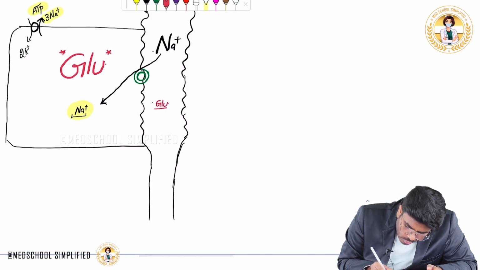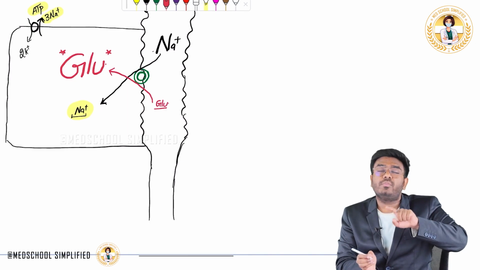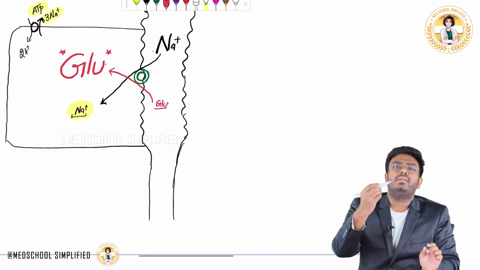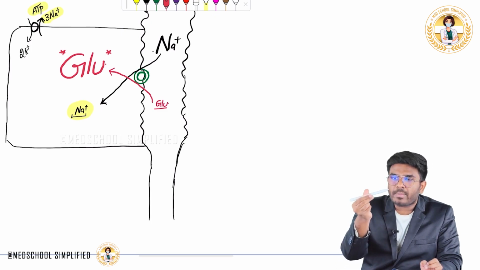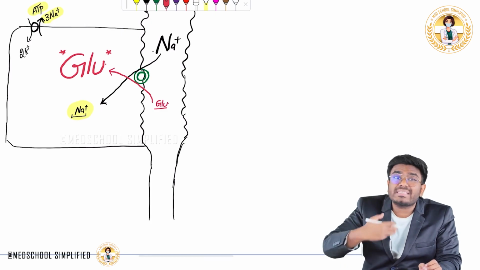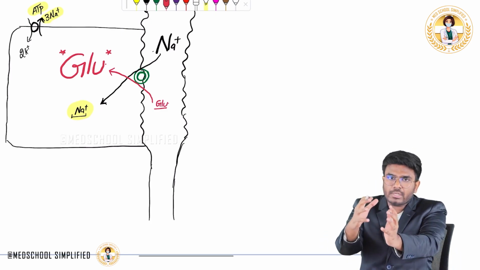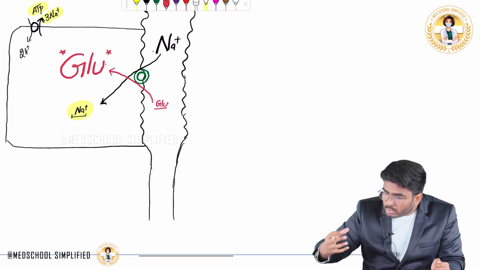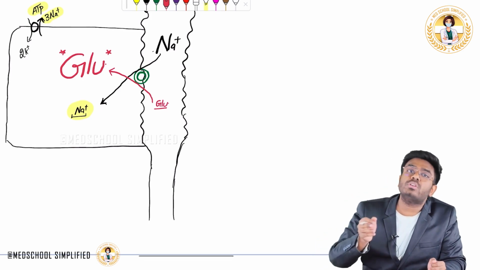While the sodium is coming into the cell, glucose will move from low concentration to high concentration. When a substance is moving from high concentration to low concentration, it releases energy. By using this energy, even glucose will come into the cell.